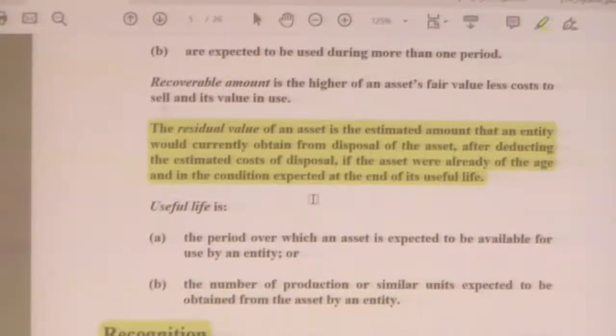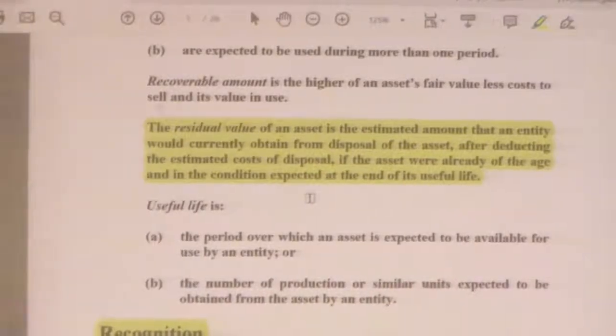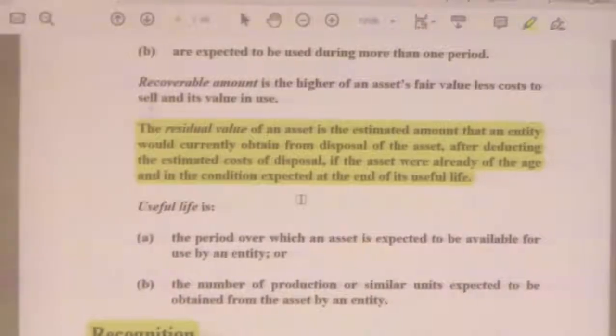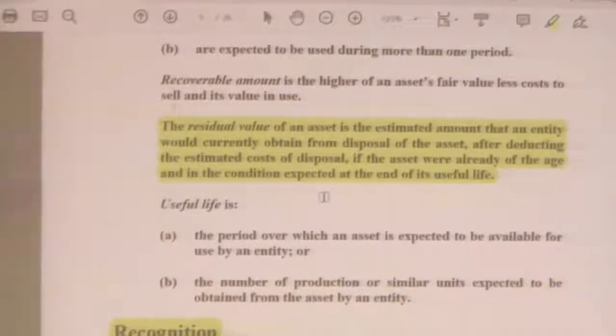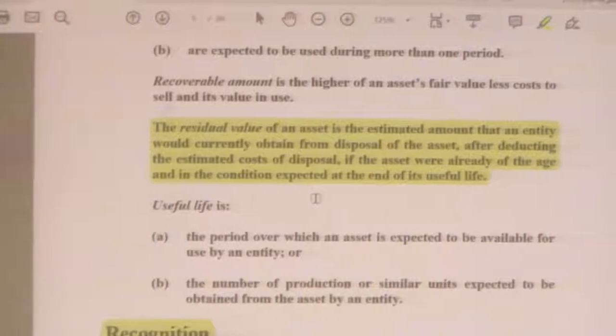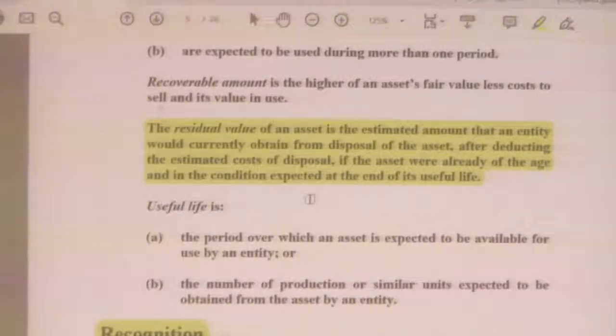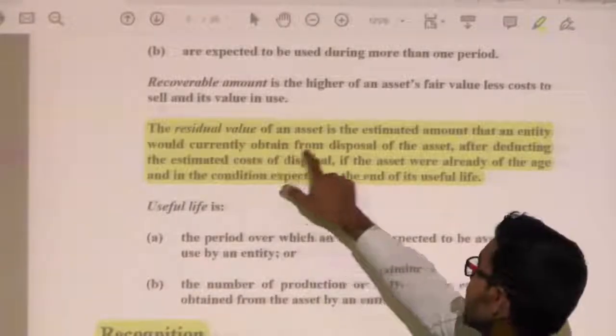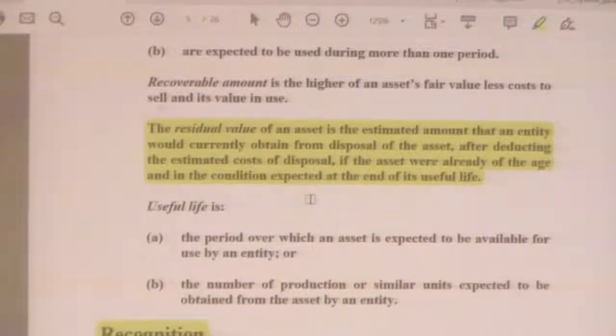Read this. The residual value of an asset is the estimated amount that an entity would currently obtain from disposal of that asset, after deducting estimated costs of disposal, if the asset were already of the age and in the condition expected at the end of its useful life.